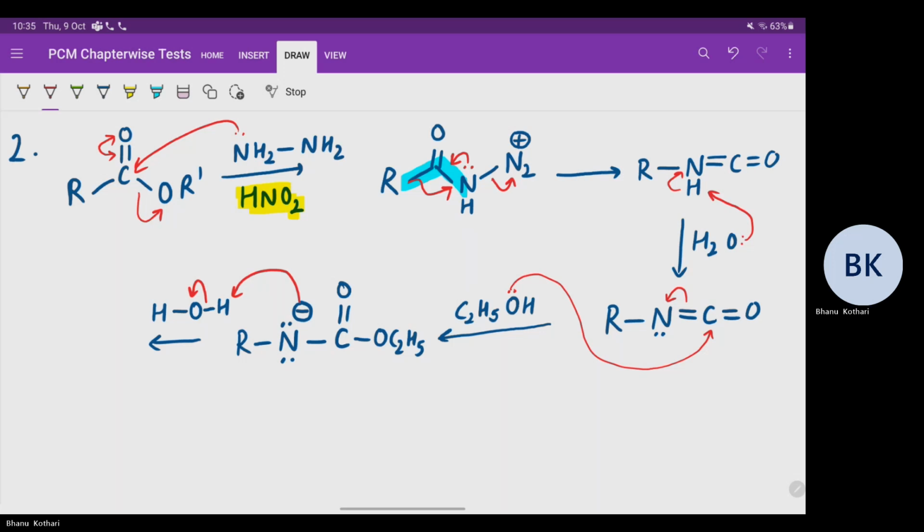So we get RNH C double bond O, C2H5. Okay. Again, this will depart, and we combine it with NaOH.